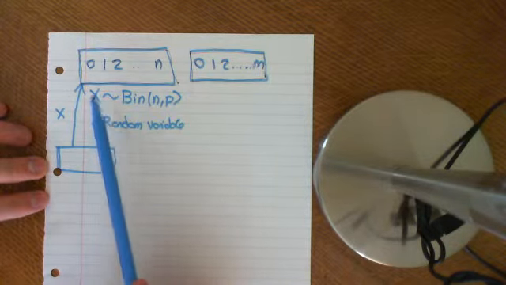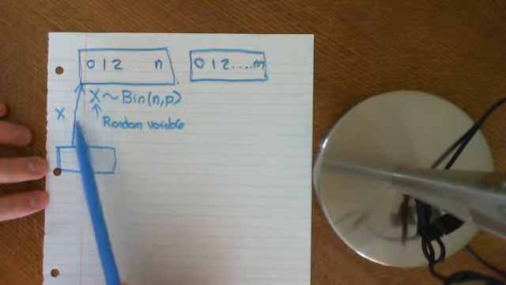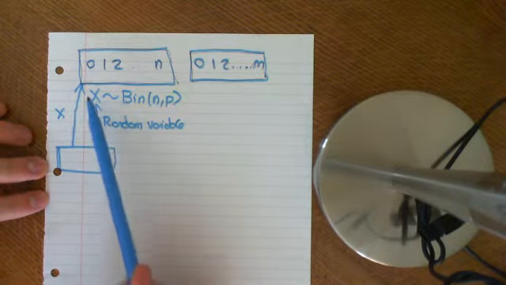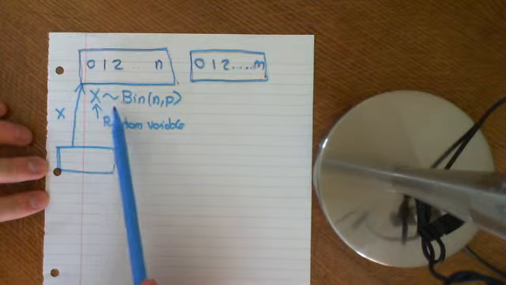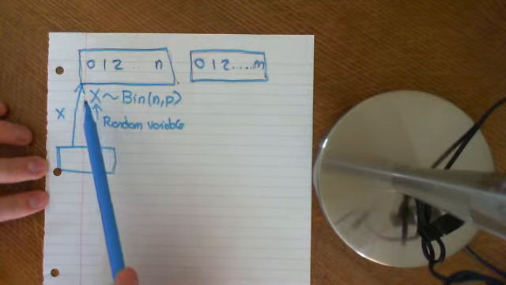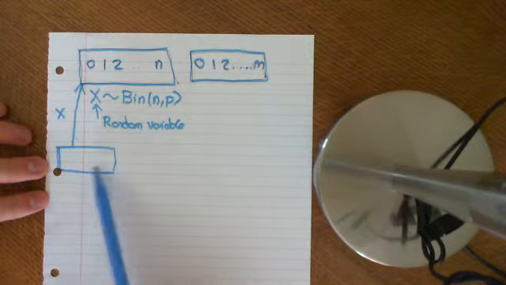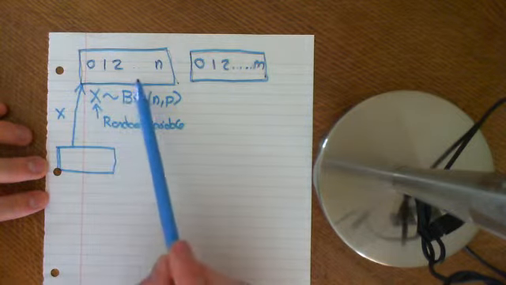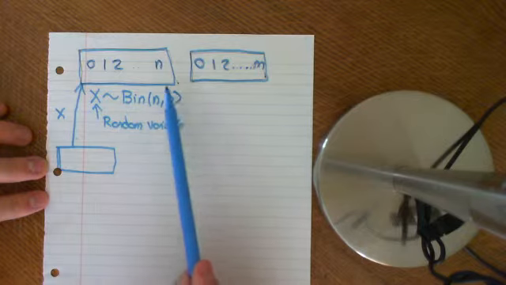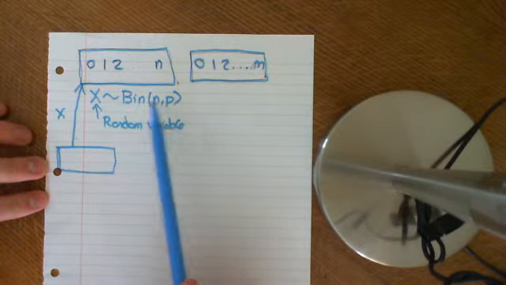But x in the axiomatic formulation became the function that links the two together. So I don't know whether this would be better read: x is the random variable which maps this abstract probability space onto the binomial distribution, which is distributed with parameters n and p.